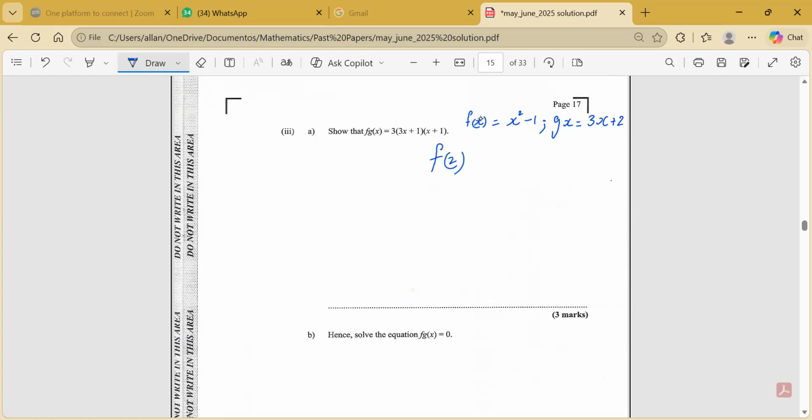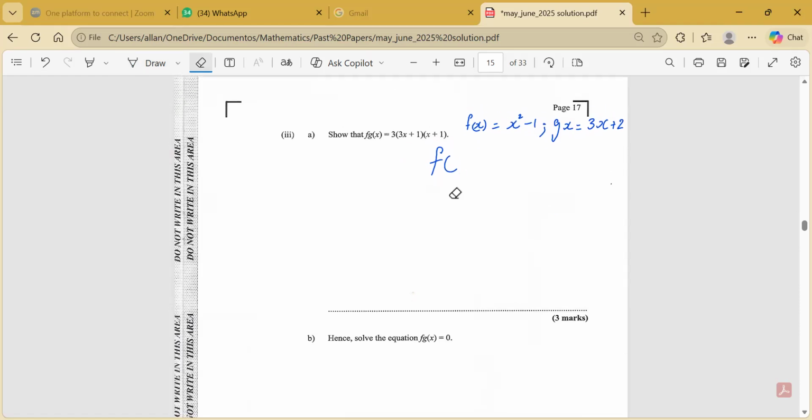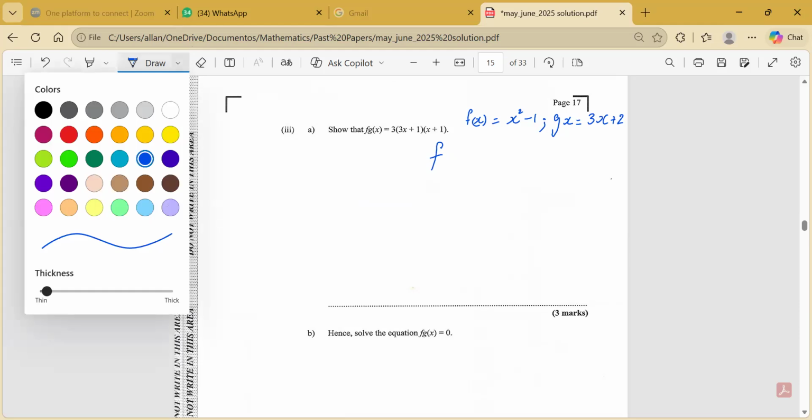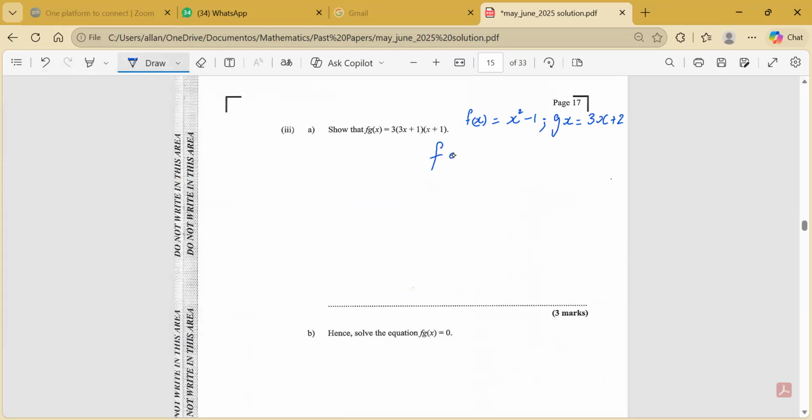In f of x, wherever you see x, you're going to put 2. But that's not the case. It's f of g of x.